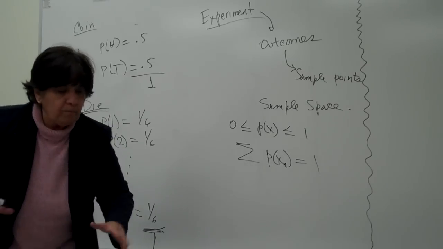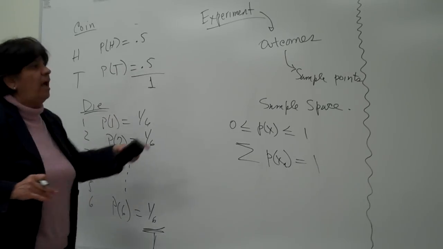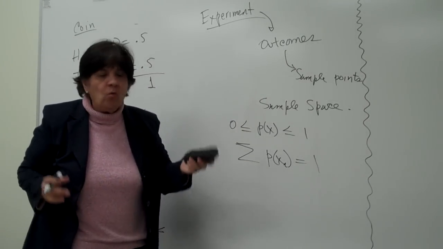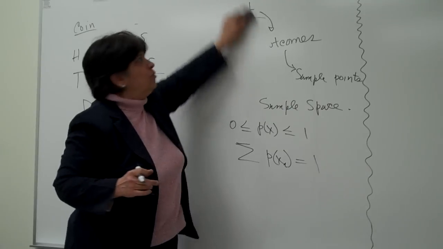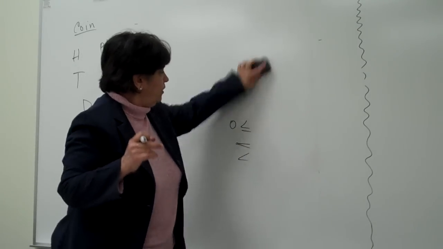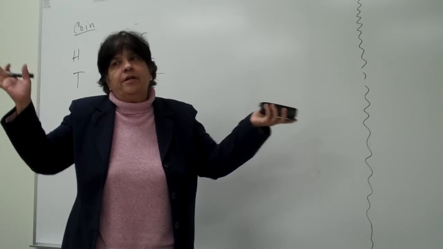Now, sometimes it's not easy to find out how many outcomes an experiment may have. That's why we need these counting rules. Counting rules, we have 3 possible alternatives.